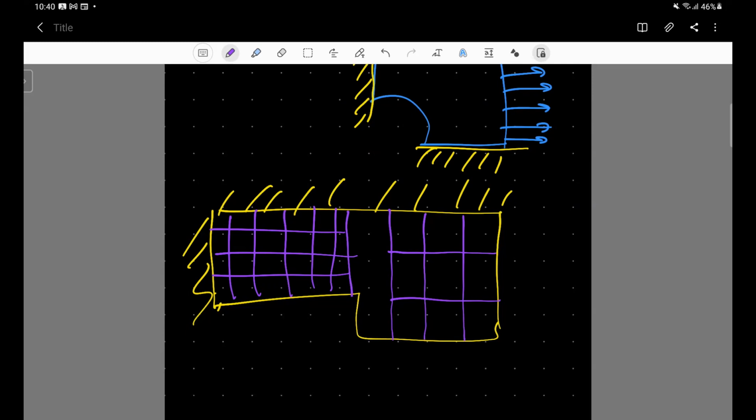So you can see directly there's a transition between the different mesh sizes, from a smaller element size to a larger element size.